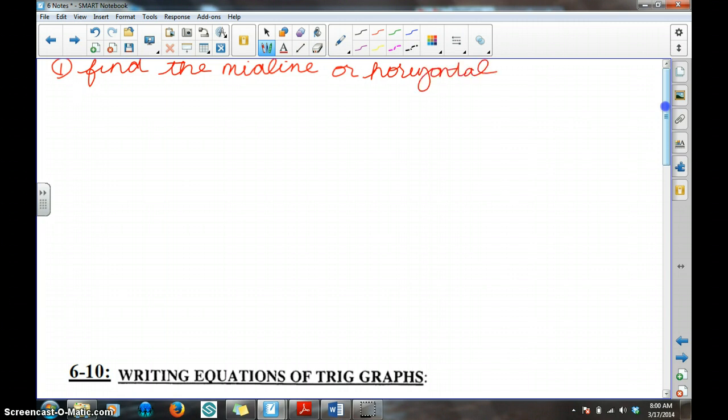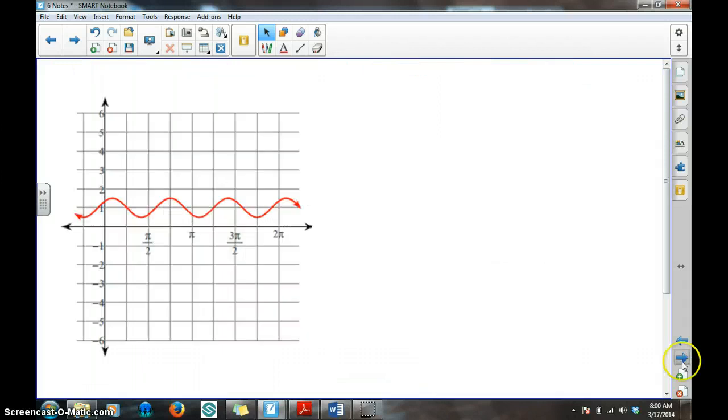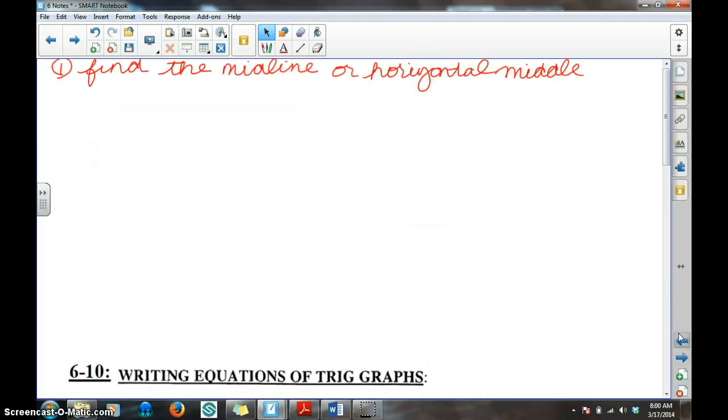And that midline is always going to be a y equals equation. You're going to find it by essentially extrapolating the middle, or the distance between the highest and the lowest points.